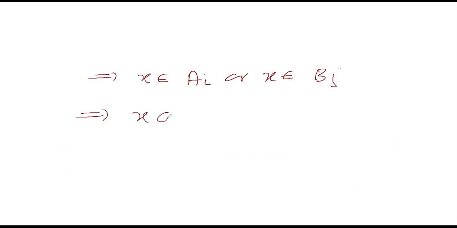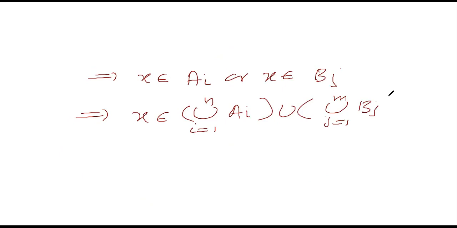So x belongs to Ai or x belongs to Bj. That means x belongs to the union over i from 1 to n of Ai, or the union over j from 1 to m of Bj.